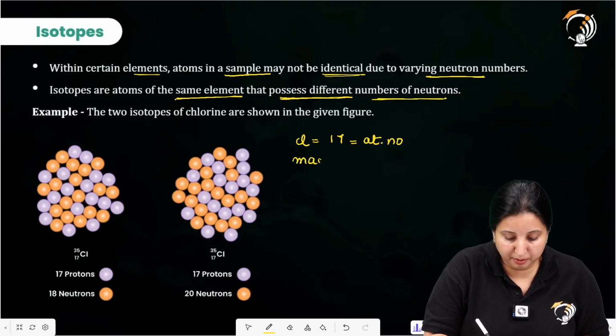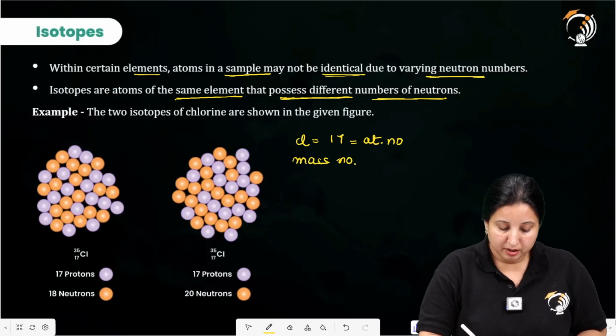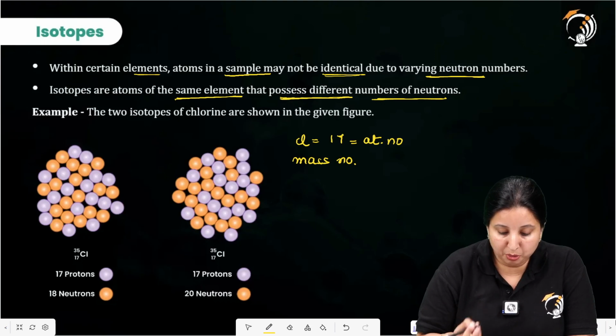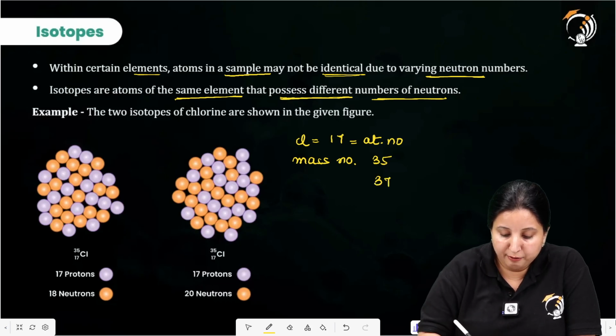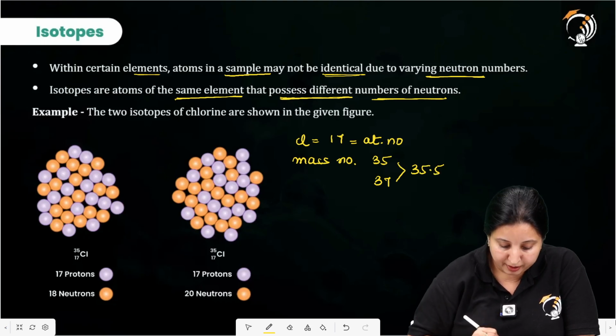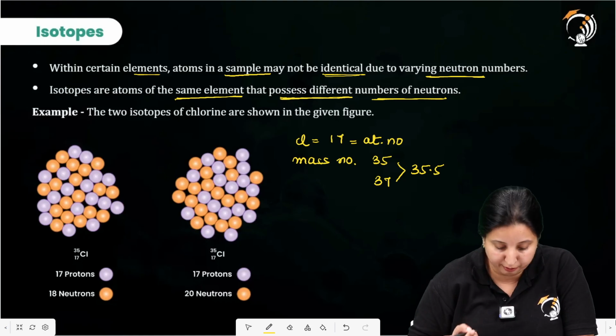And if I look at the mass number over here, in the case of chlorine, the two isotopes are 35 and 37. When we take their average, we see that its mass number is 35.5. So basically, for chlorine 35 and chlorine 37, the mass numbers are different.